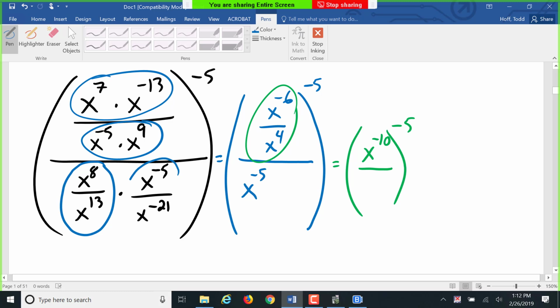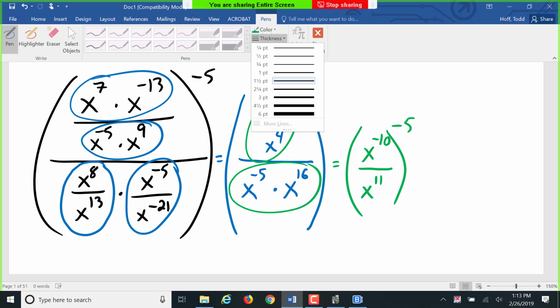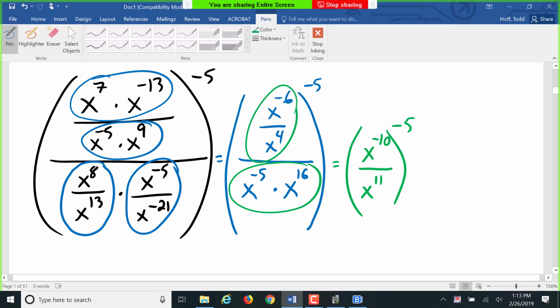And then x to the negative 15th divided by x to the negative 21st is x to the 16th. Good. Now on the bottom, we have to multiply those. X to the negative 5th times x to the 16th is x to the 11th. Perfect.